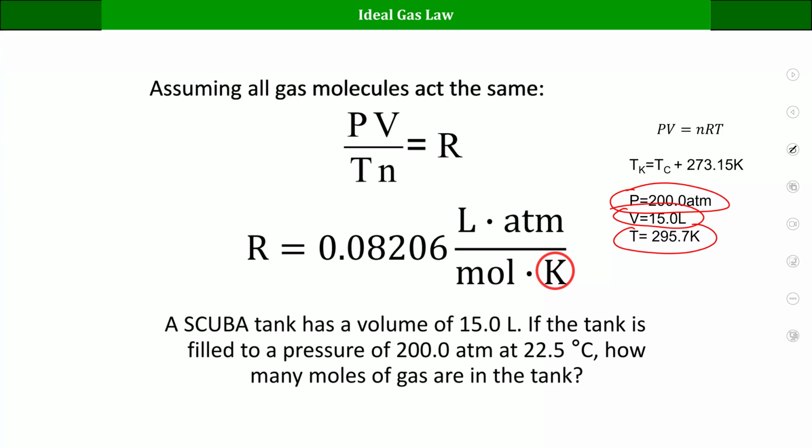Again, I don't usually write it like that. Most textbooks are going to write it like this. It's the same exact equation though. I just rearranged algebraically.